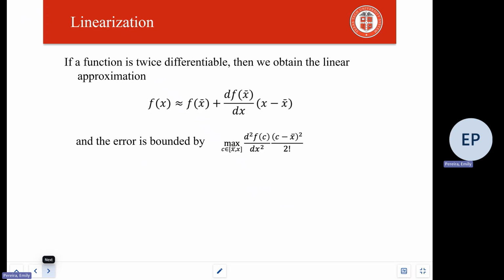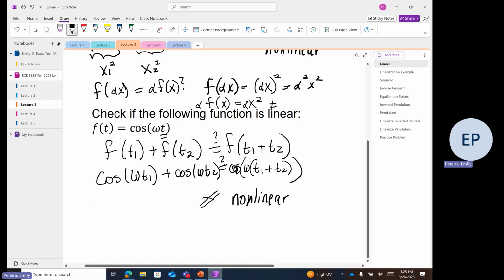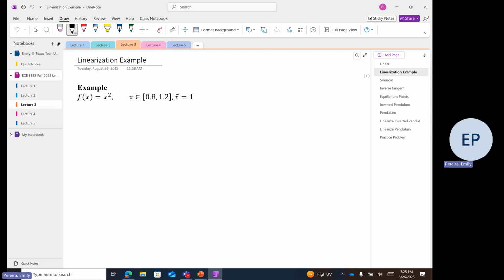It turns out that this error is going to be bounded by the second derivative of the function times the square of this interval. Okay, so let me go now to the notepad and we'll look at an example.